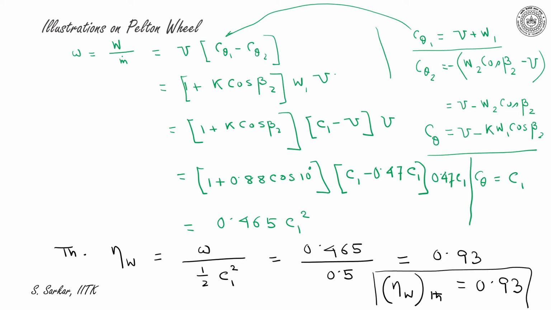Let me proceed further. Actual eta W would be now equal to 0.9 into theoretical eta W. That's theoretical eta W is 0.93 that I have calculated a minute before.